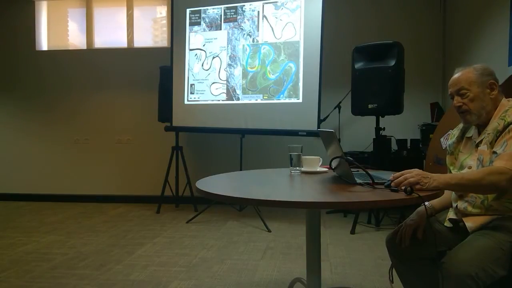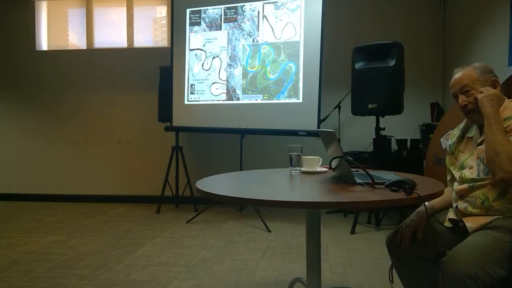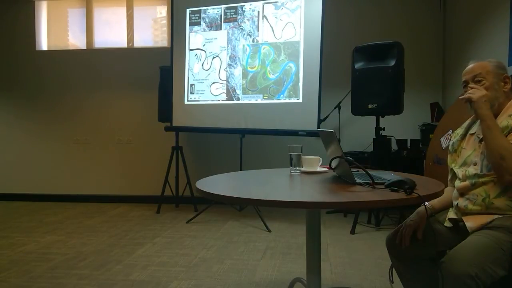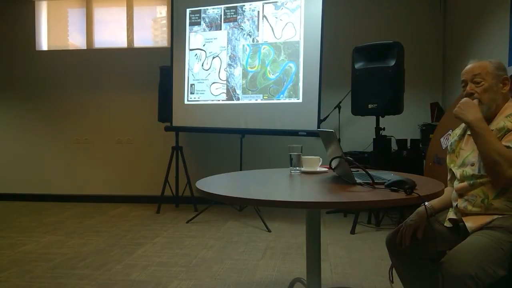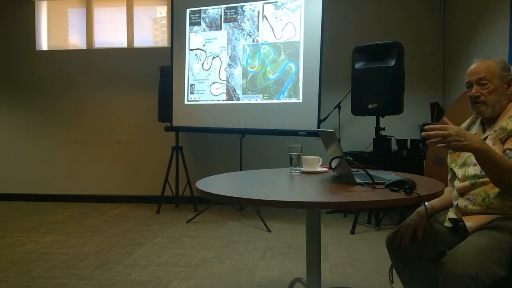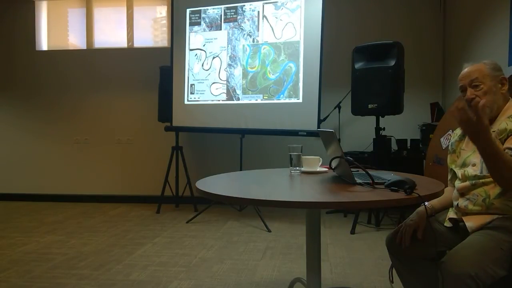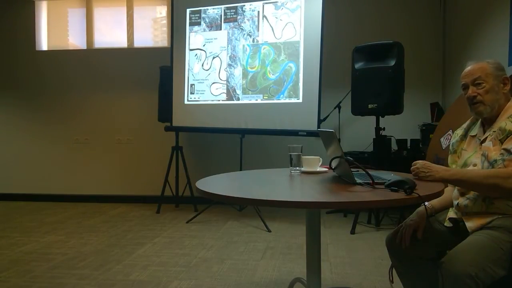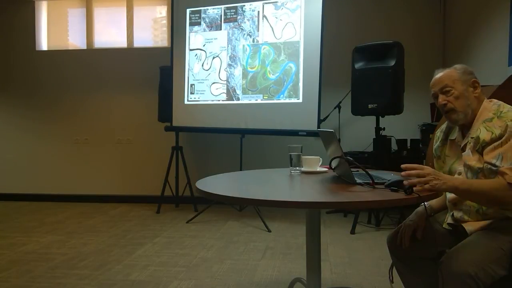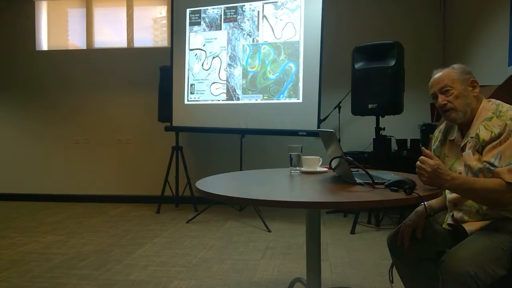And now this will become filled with mud. After the channel becomes abandoned, it becomes a lake. And a lake is very low energy, so you'll just get mud deposited in the lake, whereas on the point bar, that's where you get your sand deposited.